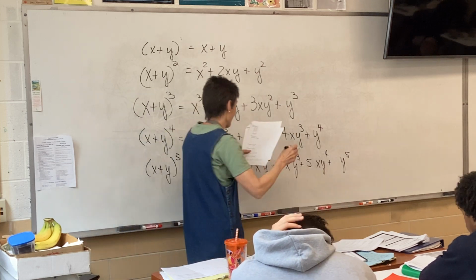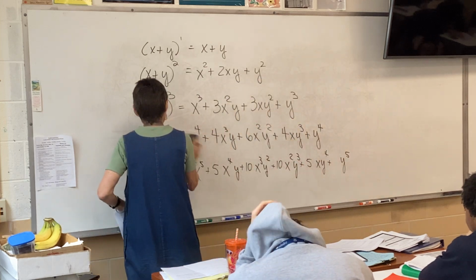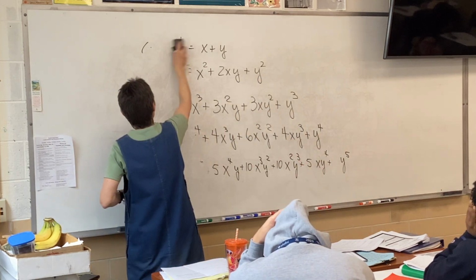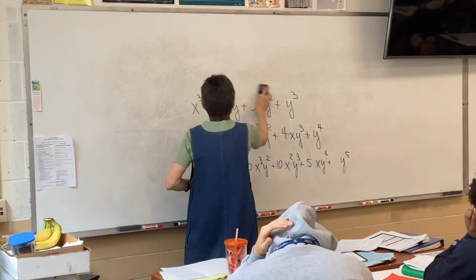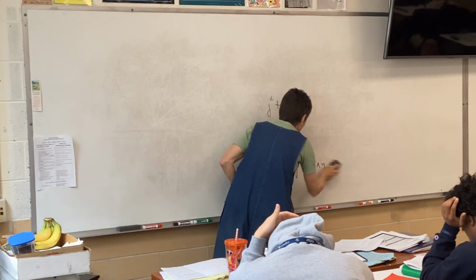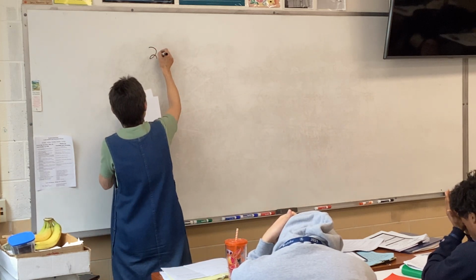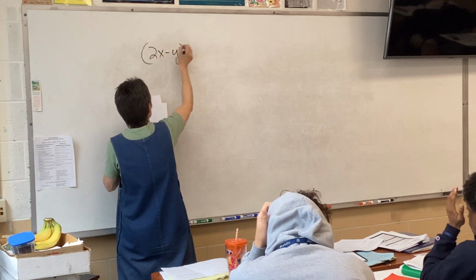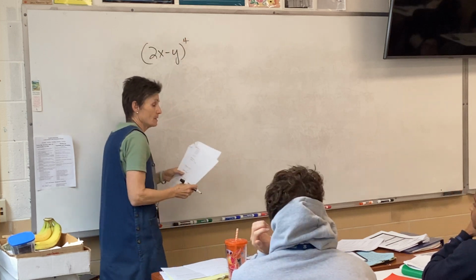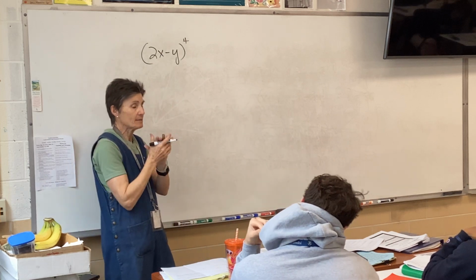Number 2. Now, it's a different binomial, but the concept is exactly the same. All right? So 2x minus y to the 4th. The concept is exactly the same.